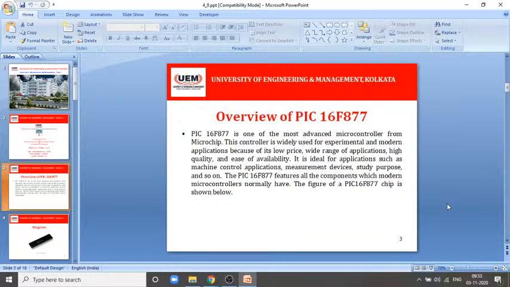What are the advantages of this microcontroller? The advantages are: it is a low price microcontroller, it is used for a wide range of applications, it is used for high quality applications, and it eases the availability of the microcontroller. So these are the advantages of this PIC microcontroller.